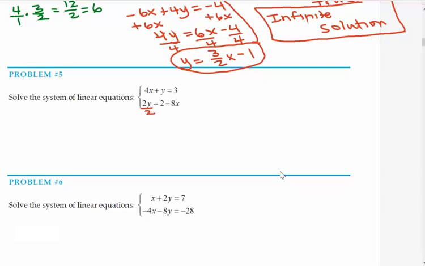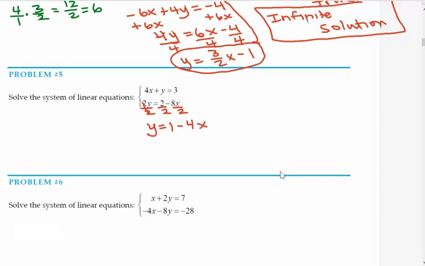So I'm going to start by dividing everything by 2 so I can get y by itself. When I do that, I get y equals 1 minus 4x. Okay, everybody with me there? All I did was try to get y by itself, so I divided everything by 2.